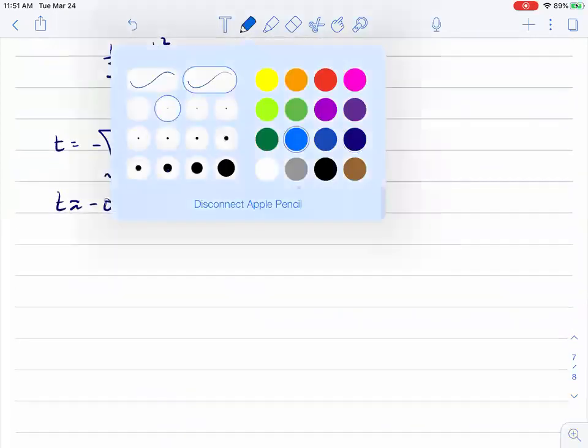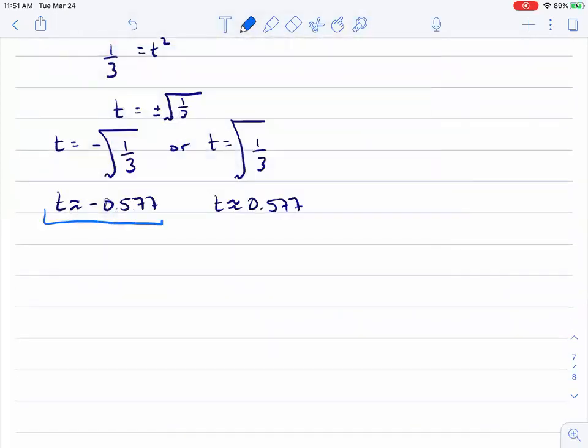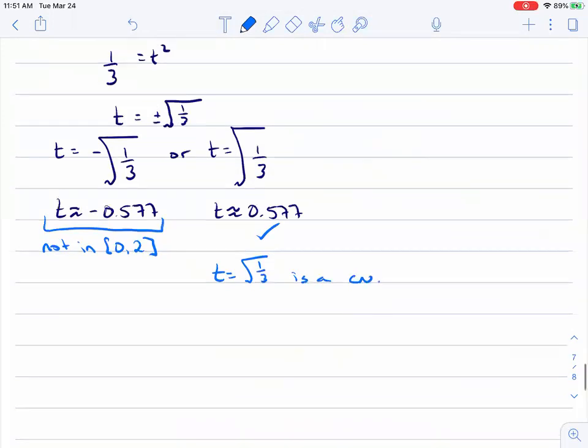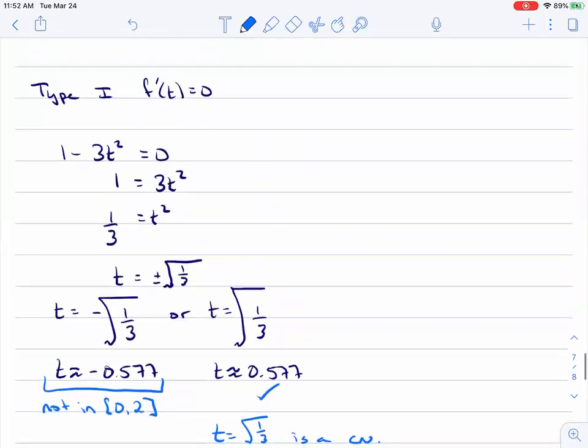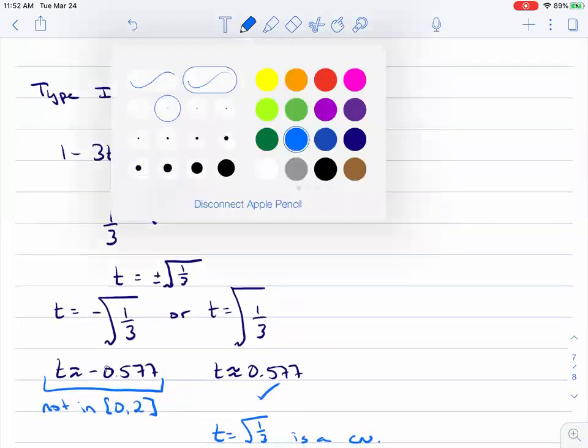So this is a critical number, but it's not in the interval 0, 2. This one is fine, this one's good. So t equals the root of 1 over 3 is a critical number. That's for the type 1s.